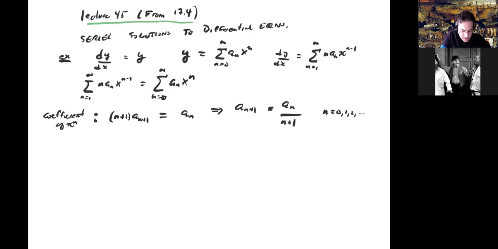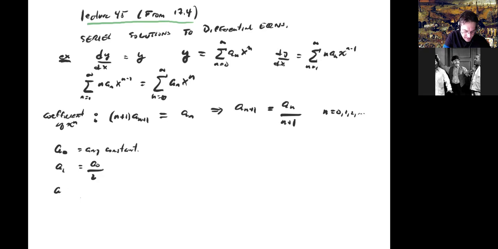Okay, so now let's solve the equation. Well, a_0, there's no condition on a_0. So a_0 is anything, it's any constant. And a_1, by the equation we just derived, is a_0 over... oops, I made a mistake.